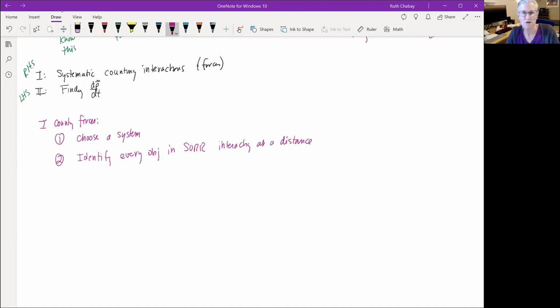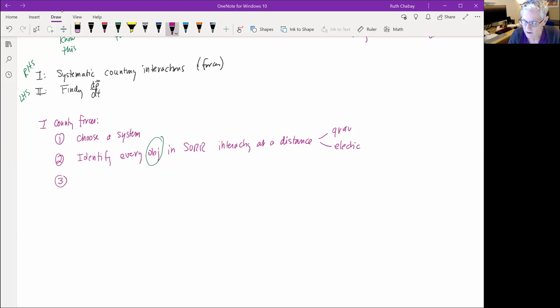We know of two kinds of distance interactions: gravitational interactions or electric interactions. The key part of this sentence is actually object. Our system interacts with objects, so we have to have an object that's the source of this interaction. If you can't name an object, it's probably not a real force.